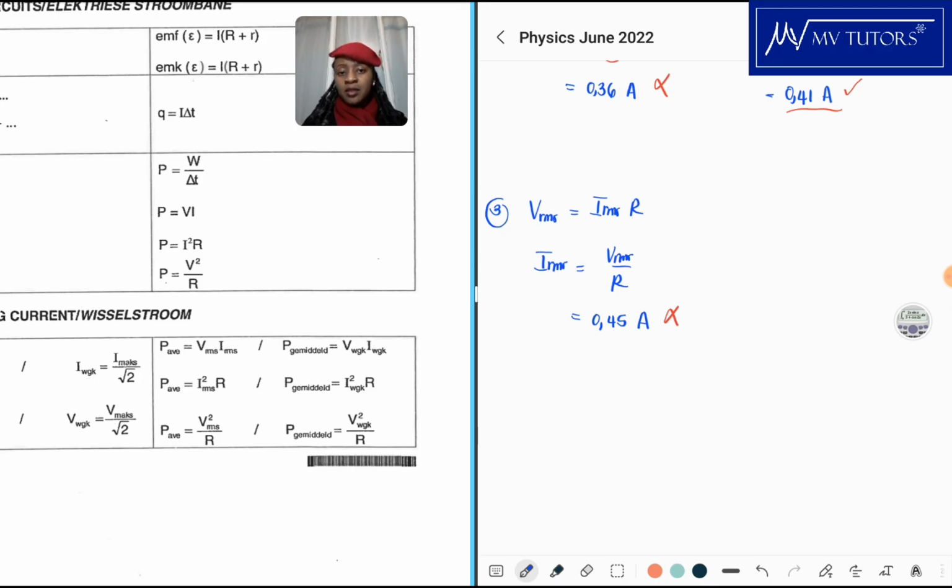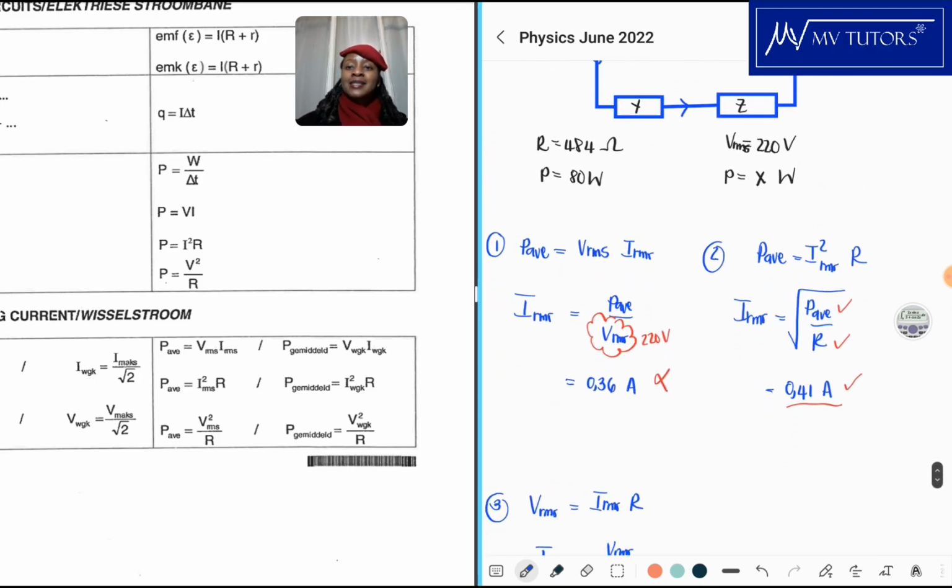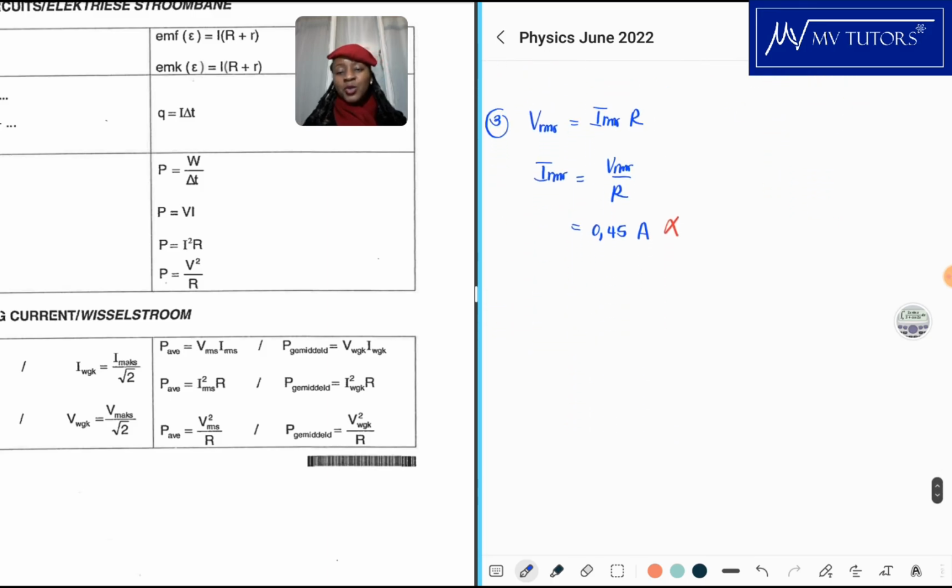We've been told that the voltage around resistor Z is actually 220, so we can use the 220 there, and we have just calculated I RMS, so we can use that. Can we use the second one, I squared RMS times R? We don't know what that R is, we don't want to play games. And then the last one, V squared RMS over R. Again, we're not really sure what R is, so the first equation is what we're going to go for.